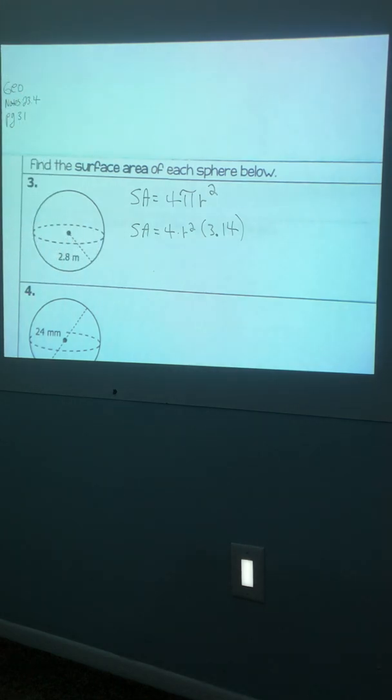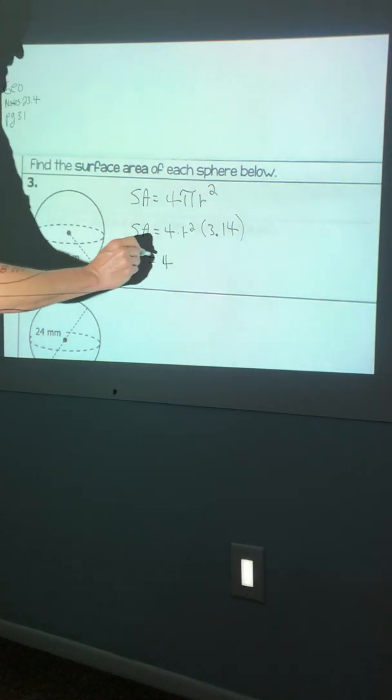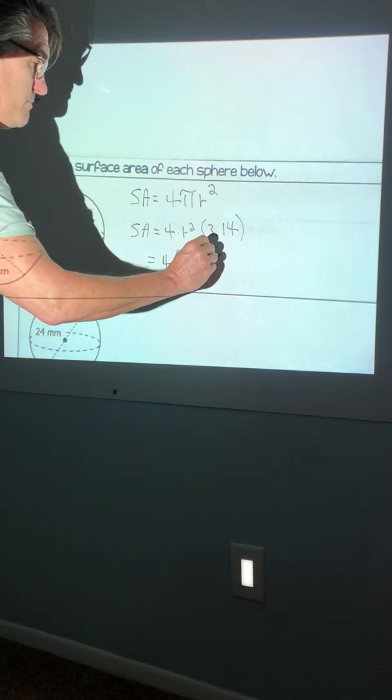All you've got to do is find the radius. They're either going to give you the diameter or the radius. Sometimes they give us the answer and we work backwards. But anyway, this is not difficult. So 4, radius 2.8. I'm going to square that, and then multiply by this.